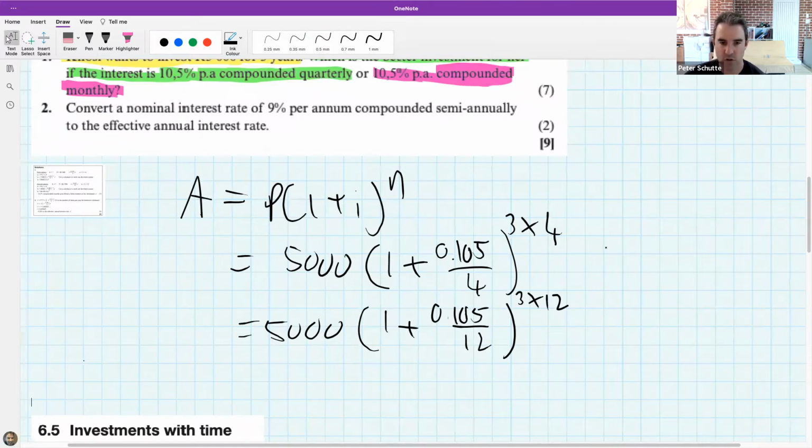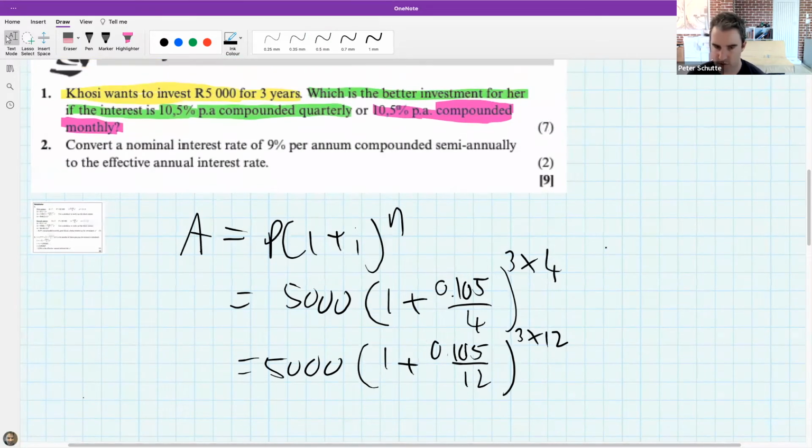I'm comparing the two interest rates. Now, we have to get answers for these two values. This was the per quarter, so I'll put Q, and this one is per month. Get me a value for each of these.